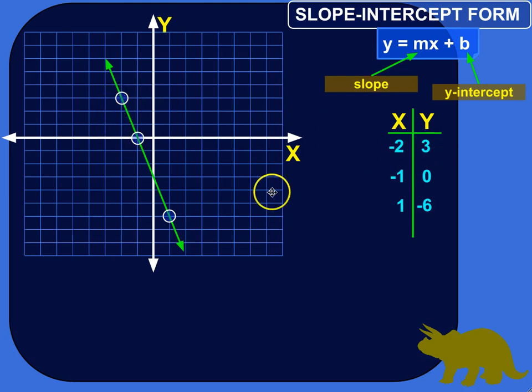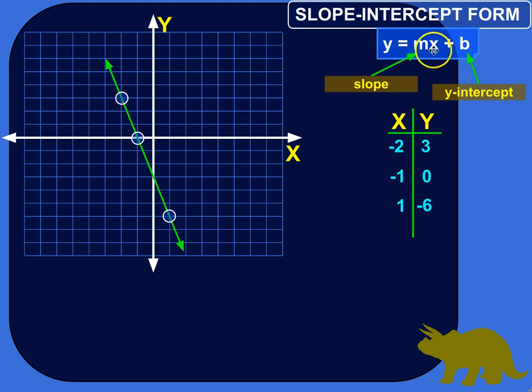But you might just get the table like this, and it might not be x and y. It might be hours and cars or something like that. But the point being, you've got an input variable and an output variable, and there's a linear relationship there, and you can describe that relationship with an equation in the slope-intercept form.